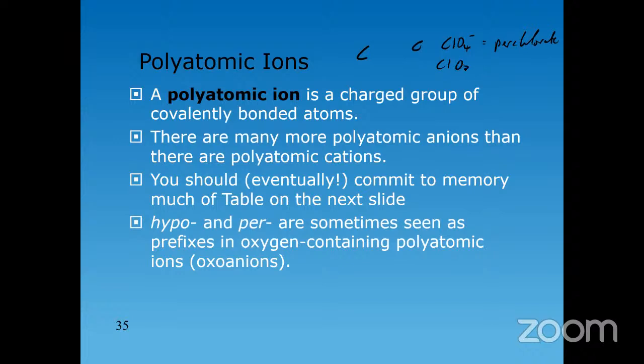ClO3 minus is known as the chlorate ion. So basically the perchlorate will have one more oxygen compared to the chlorate.